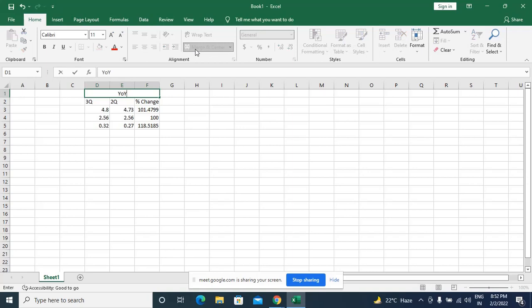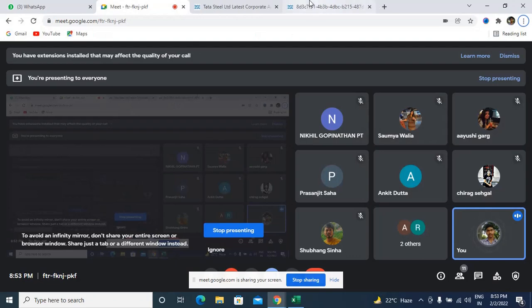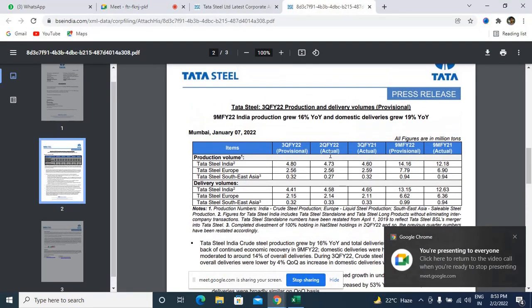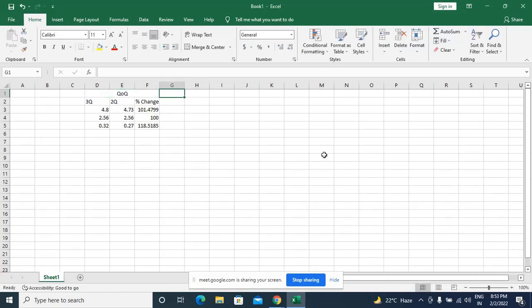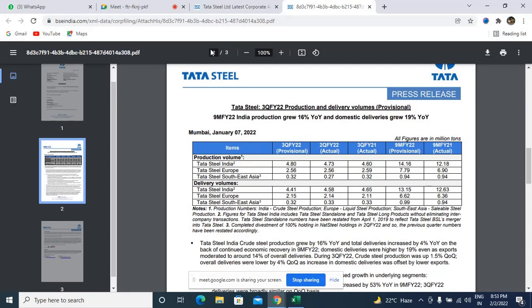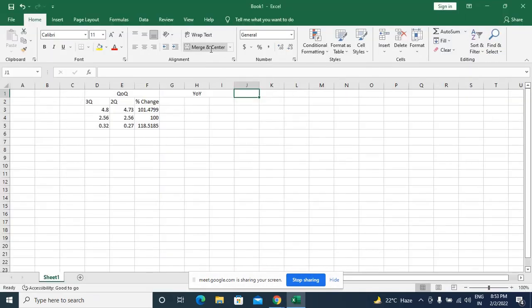This one was quarter on quarter, then make it year on year, then make it year on year, 9 month. Is it clear to all of you?